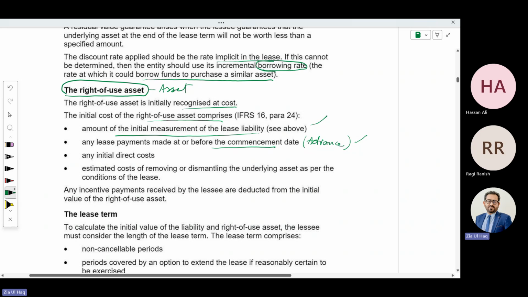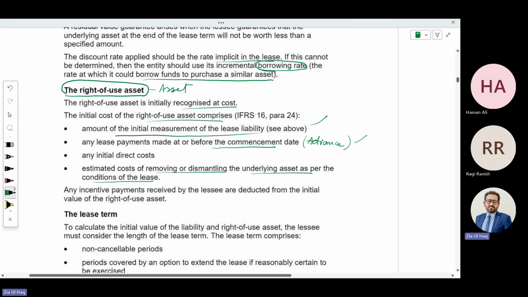Any initial direct cost, meaning if you have paid any direct expenses, like any legal fee, any administration fee, any commission for arranging this lease facility, that will also be part of the asset cost. Estimated cost of removing or dismantling the underlying asset as part of a condition of the lease. It means if you are taking a machine on a lease that you are going to install somewhere for 5 years, and after 5 years you need to remove that machine from where you have installed it.